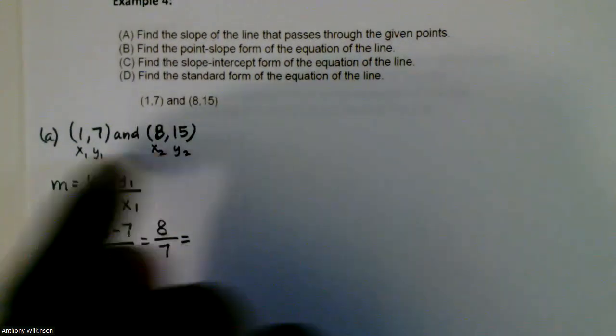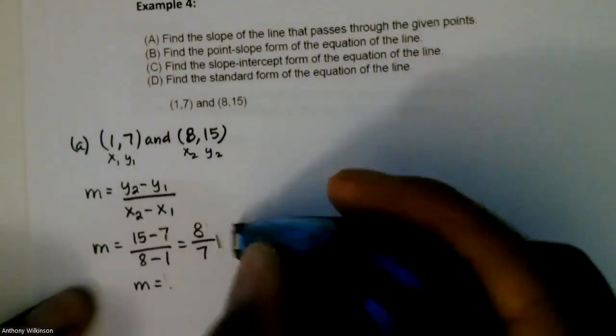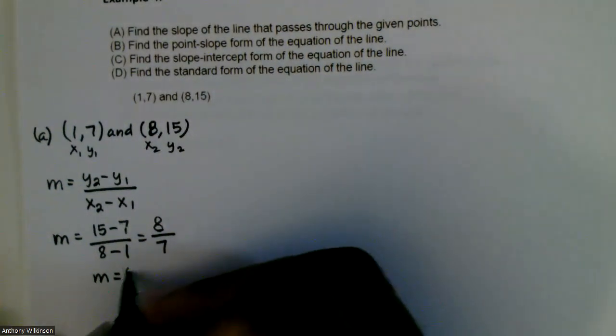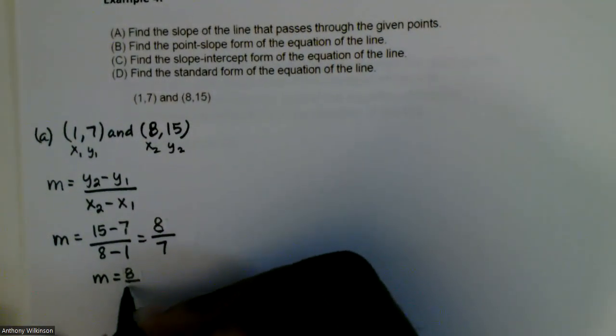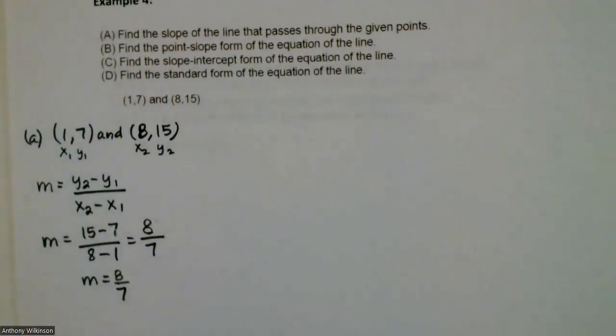And of course, x2 minus x1, 8 minus 1, that's 7. So I have 8 over 7. So that means that the slope of the line going through those 2 points will be 8/7. All right. So that's part A.